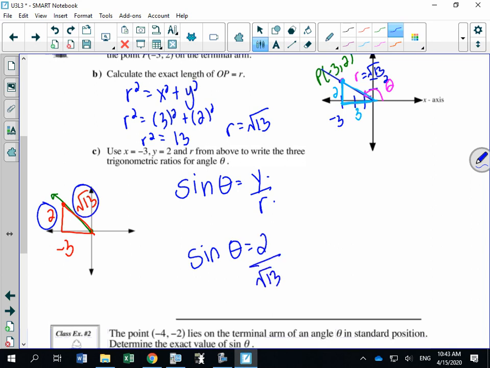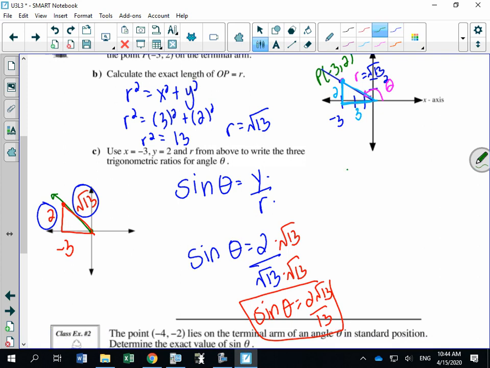But remember, I have to rationalize that denominator. If I multiply both numerator and denominator by root 13, the sine of theta is actually 2 root 13 over 13. That would be my trig ratio for the sine of theta.